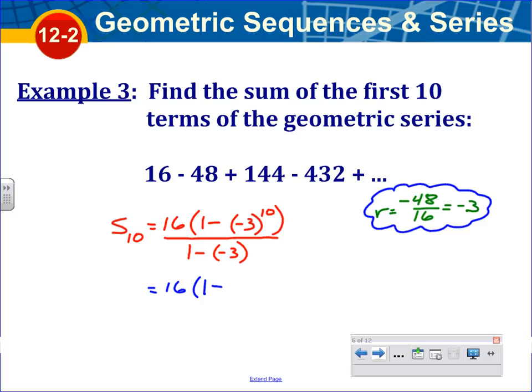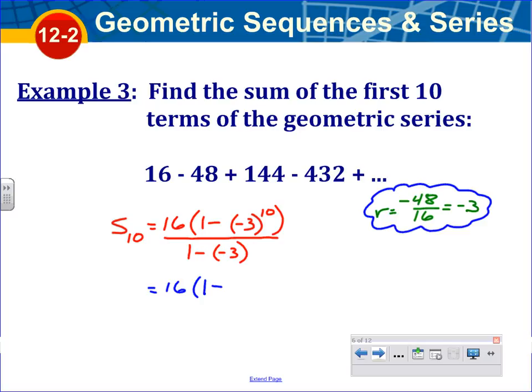Now, negative 3 to the 10th power is 59,049. And that's going to be a negative. Is it going to be a negative? No, that's going to be a positive, which means my answers are wrong. So you need to bear with me a little bit here.